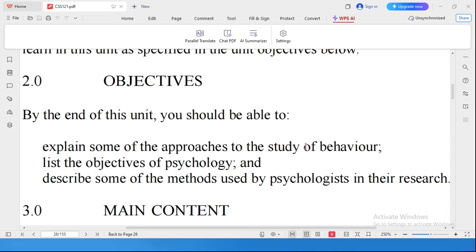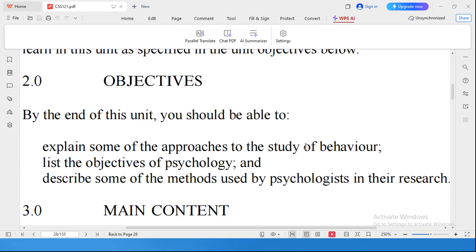Number three, survey and questionnaire, asking people questions to gather data. Number four, correlational study. This is checking if two things are related, for example, poverty and crime. Are they related, and how are they related?